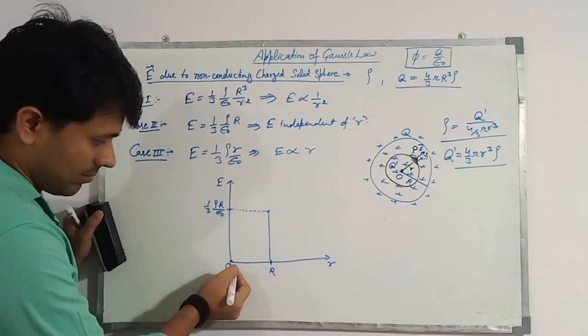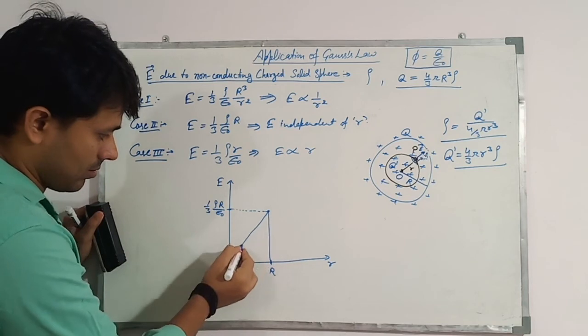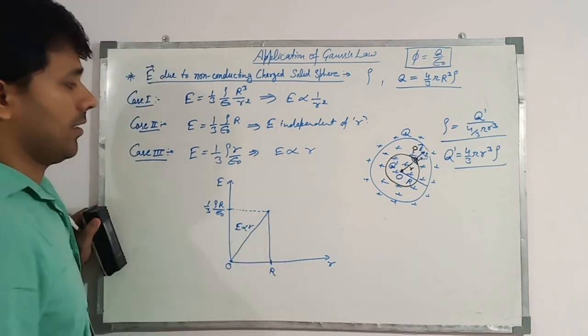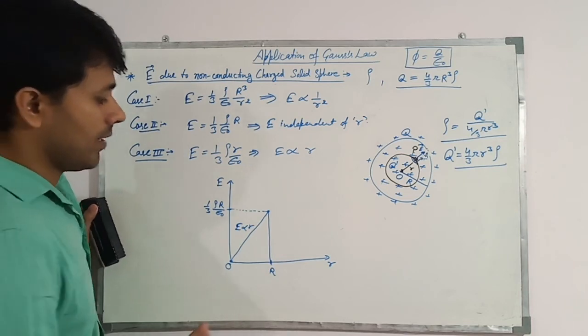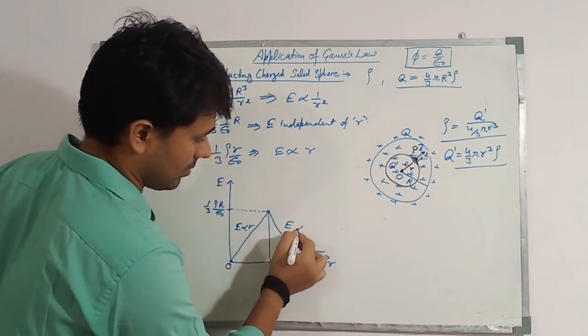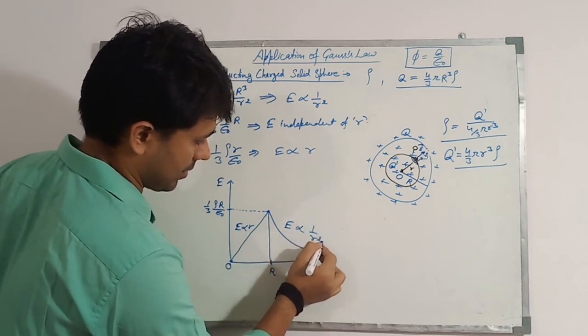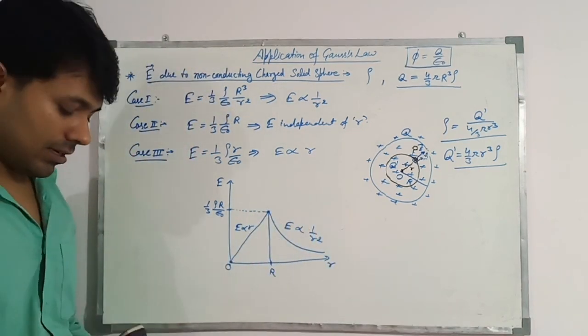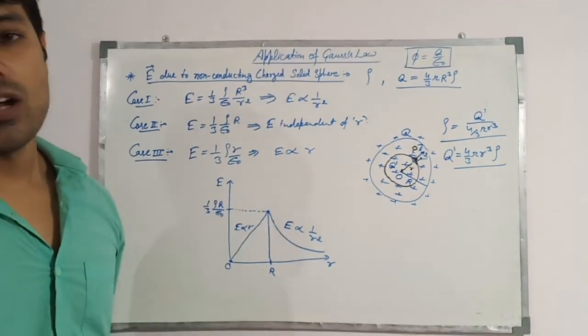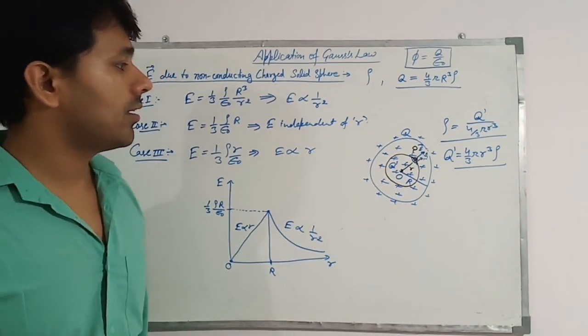Inside, the electric field E is proportional to r, right? And outside this, E is proportional to 1 upon r square. This is the electric field due to a non-conducting charged solid sphere.